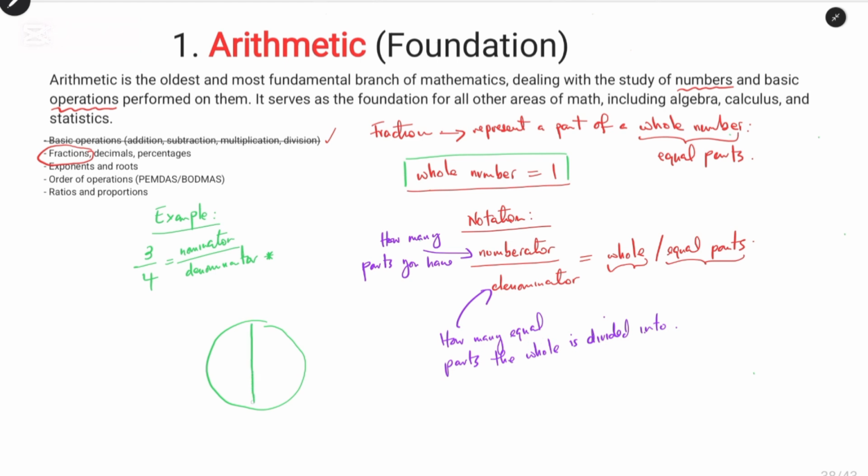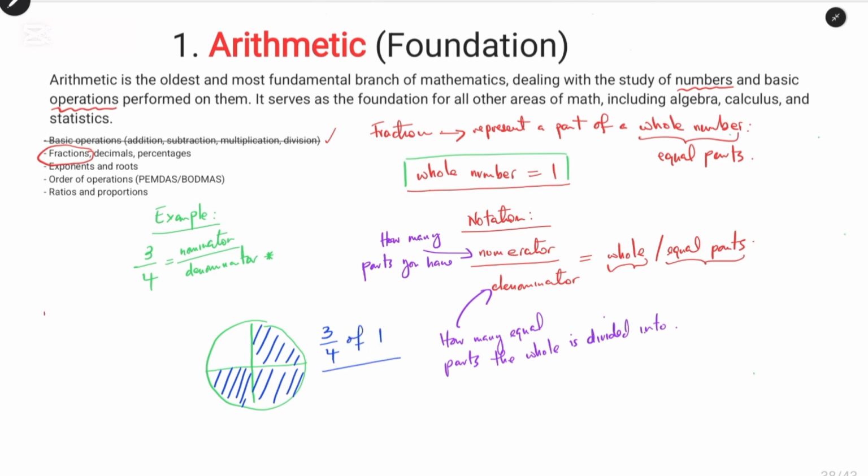The whole is now divided into 4. And the numerator means how many parts you have. That means you have 1, you have 2, and you have 3. Therefore, out of the 4 parts, you have 3, which represents 3/4 of a whole, which is 1.